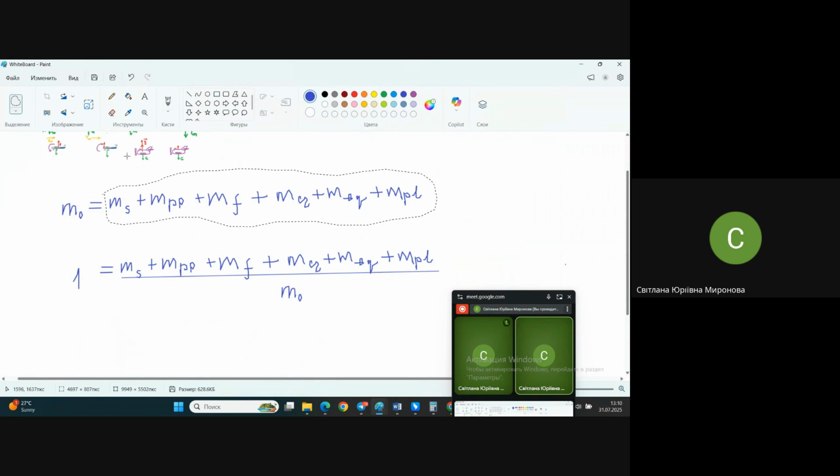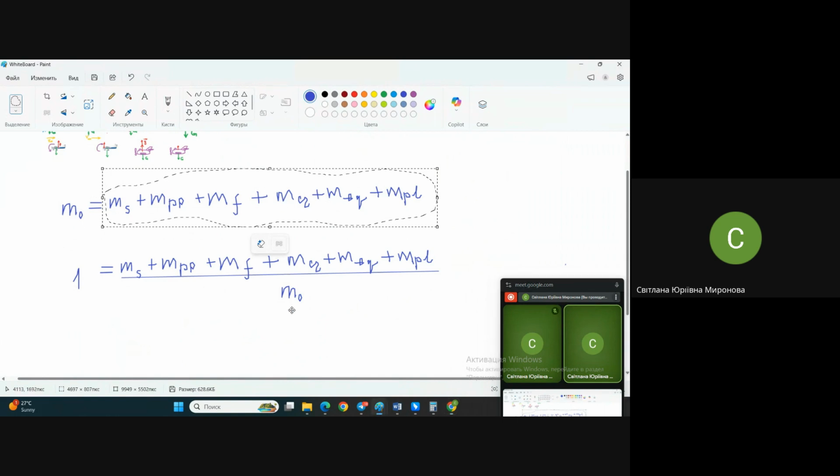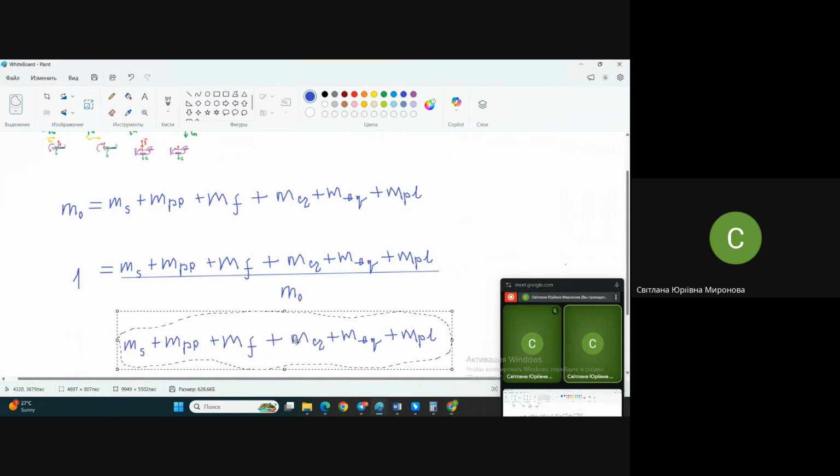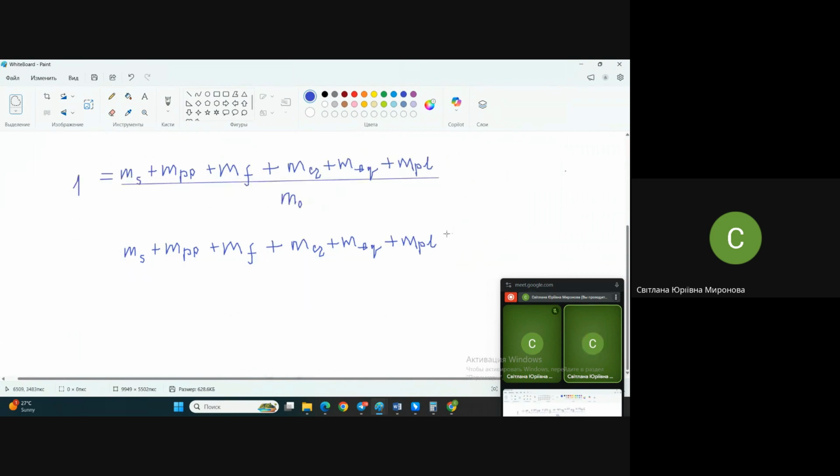Instead of the designation that was just mass of structure, mass of power plant, and so on, relative mass appears. It may be written like this in some books, maybe written with special letters.